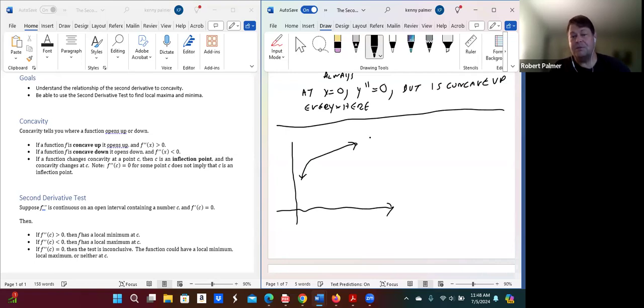So this function is increasing, and increasing means the first derivative is greater than 0. It's concave up would actually mean the second derivative is, I'm sorry, it's concave down, not up. It's opening down.